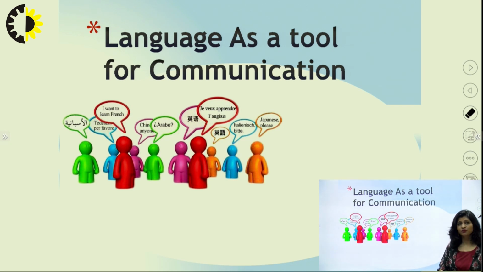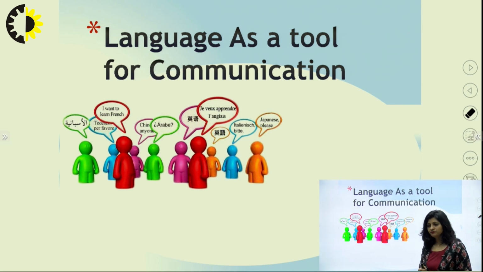What is the connection between the communication process and a language? I can explain with a very simple example: you can consider communication and language as a car and road.